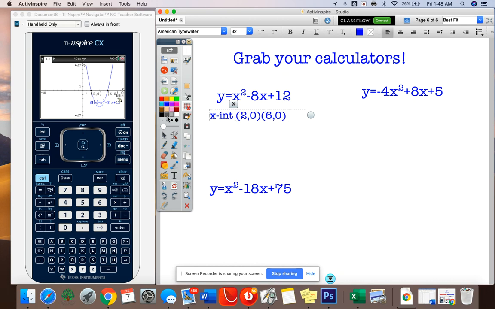The neat thing with this is it doesn't matter what form your equation is in, you can still use this operation on your calculator to identify those zeros or x-intercepts.